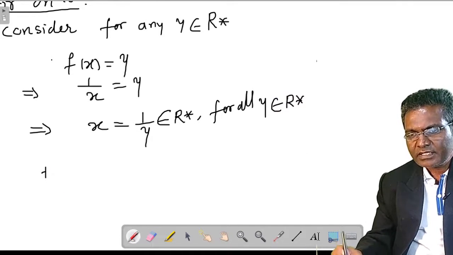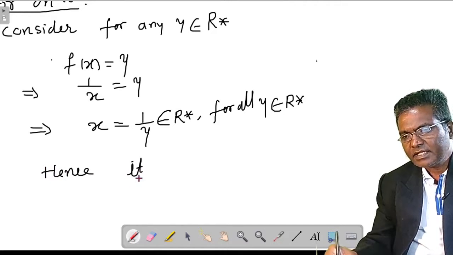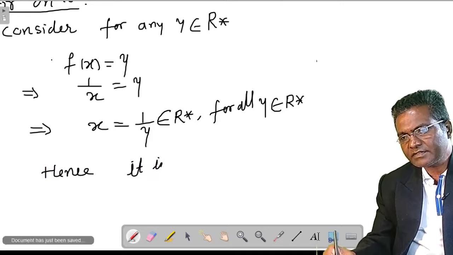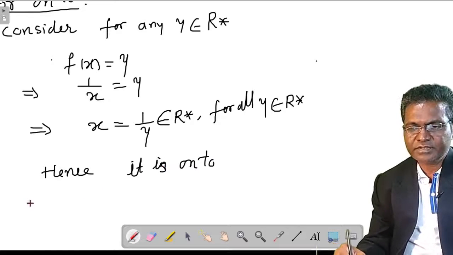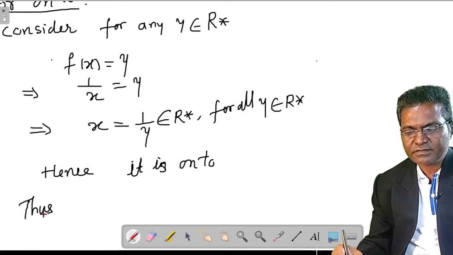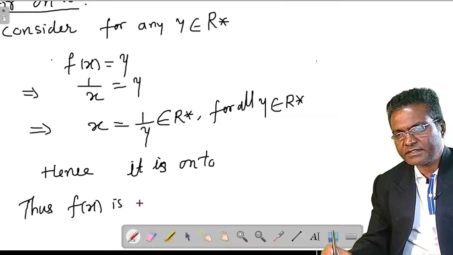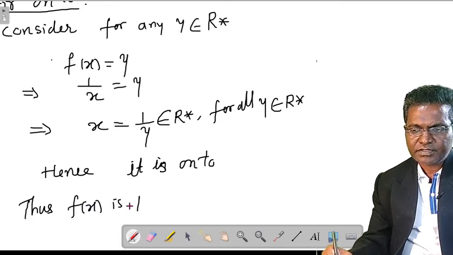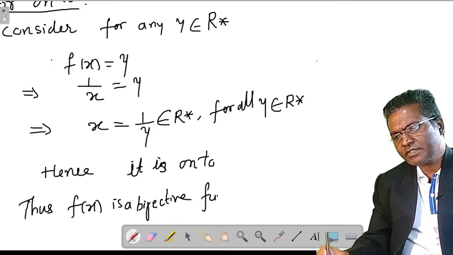So hence f of x is onto. Thus you can mention f of x is a bijective function.